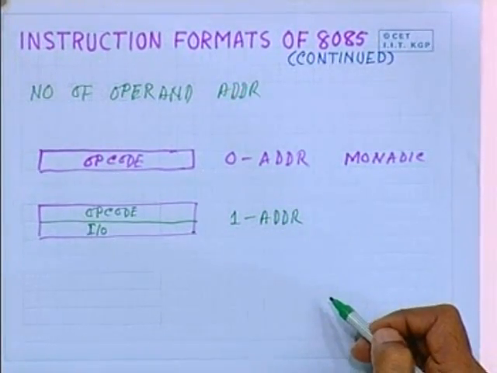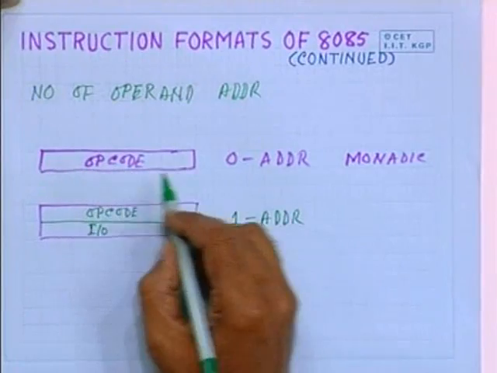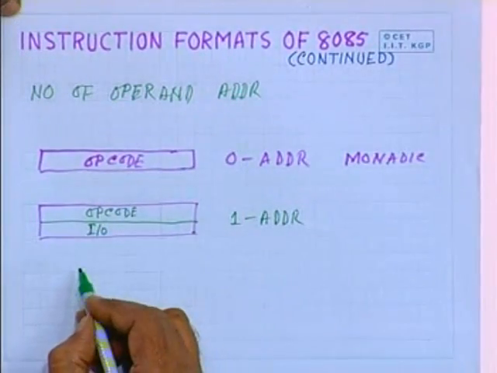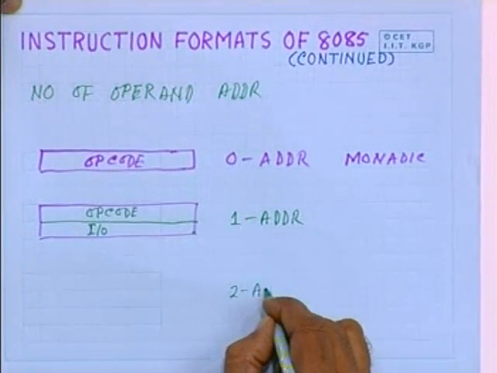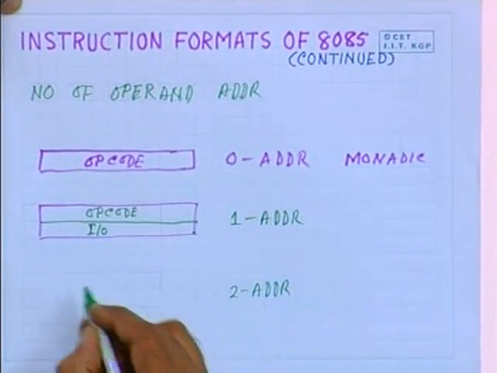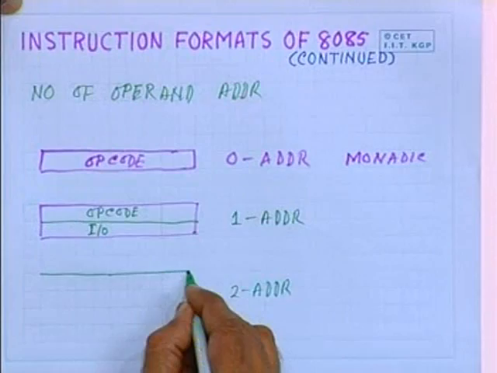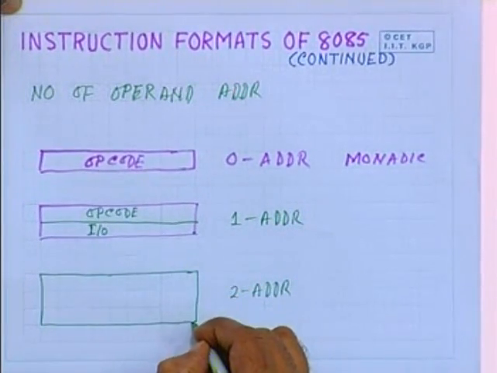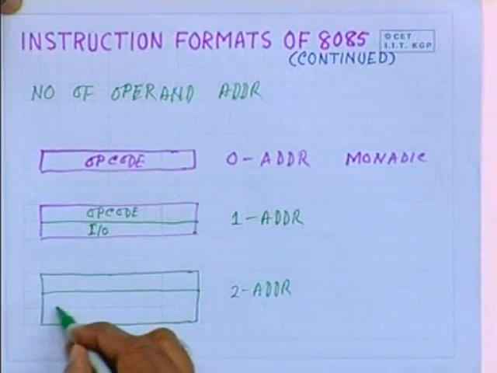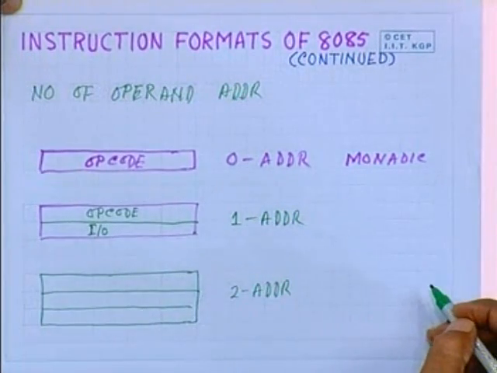That means the other operand, either the source or destination, is the accumulator. Now, sometimes you have to specify 2 addresses also. So a 2 address instruction can be of single byte, 2 byte or 3 byte.